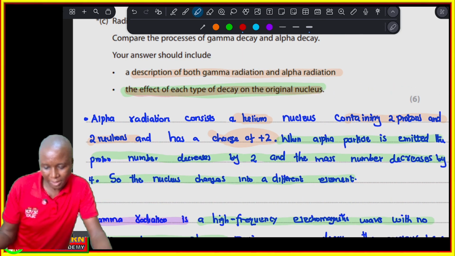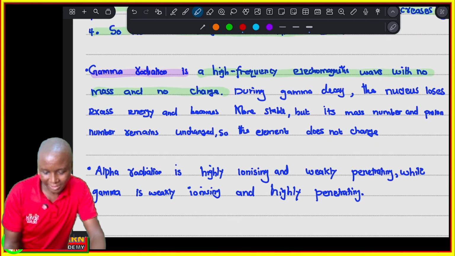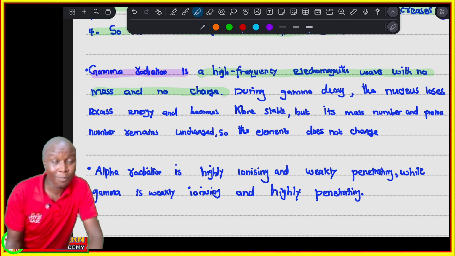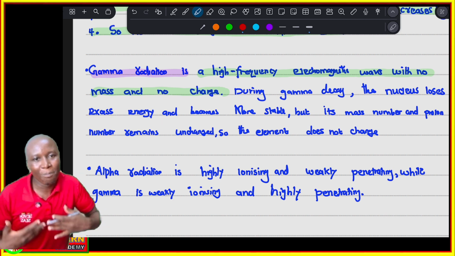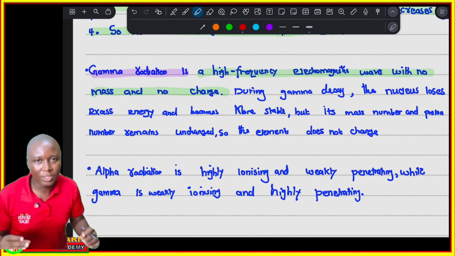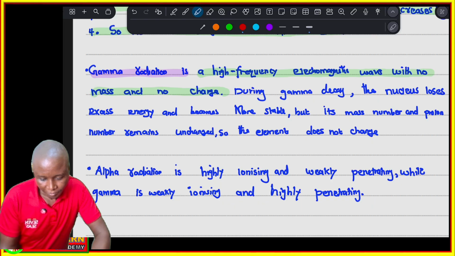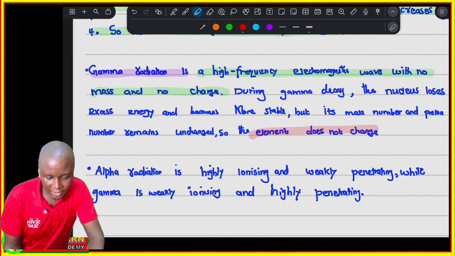What happens during the decay of gamma? During gamma decay, the nucleus loses excess energy and becomes more stable. During gamma decay, the nucleus is not transformed. It's only that the nucleus loses excess energy. So the element does not change.